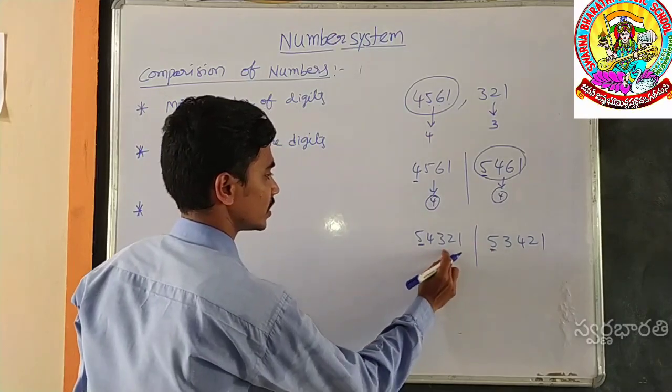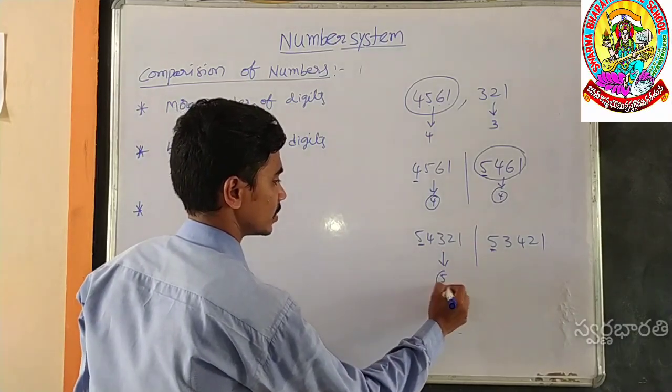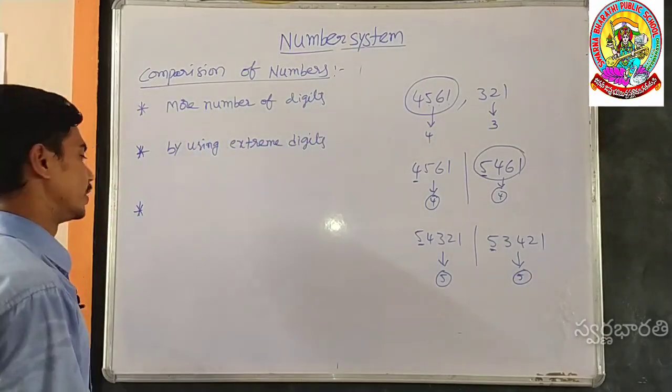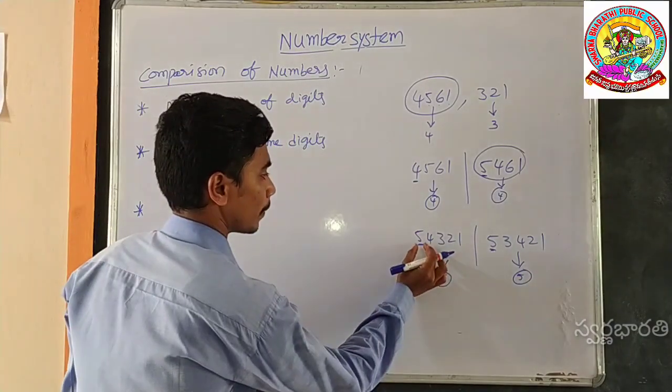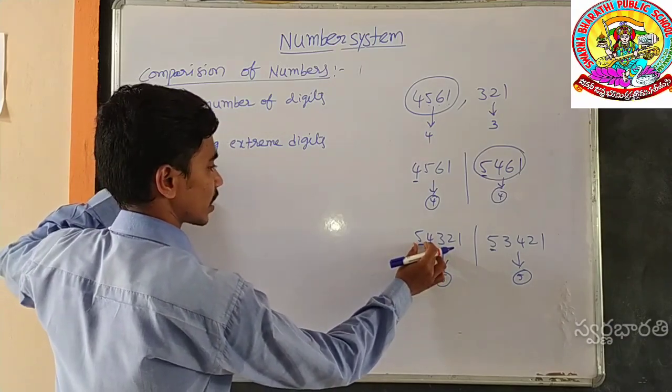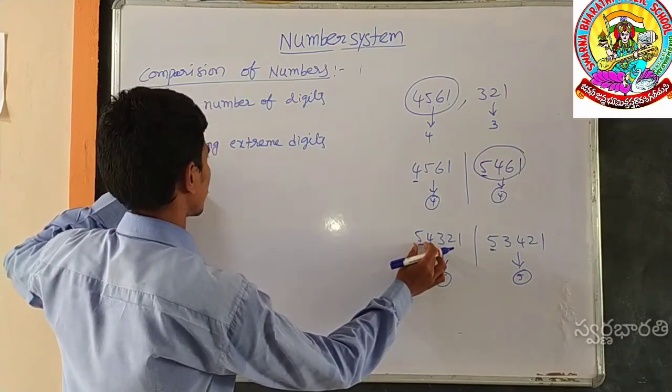Here the number of digits in this number is 5, and here also 5. How can we decide? Simply by using the second rule. What is that? The second rule is extreme ends, or extreme digits.